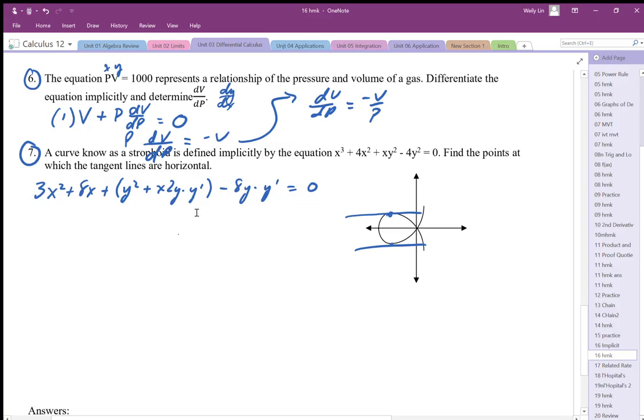So I'm going to group my y primes and factor: y prime times 2xy minus 8y. I'm going to move everything else to the other side. I've got here negative 3x squared minus 8x minus y squared, and then solve for y prime.